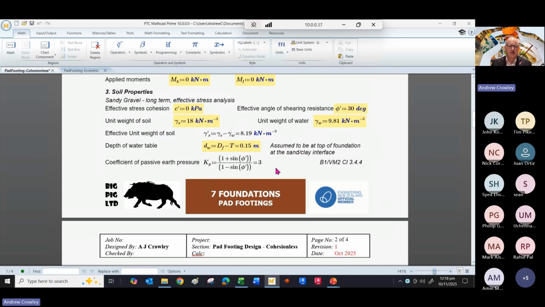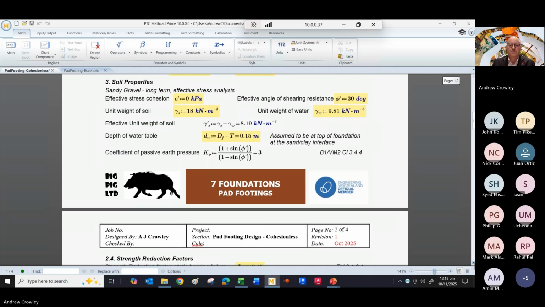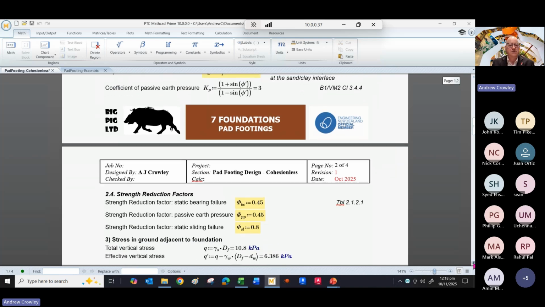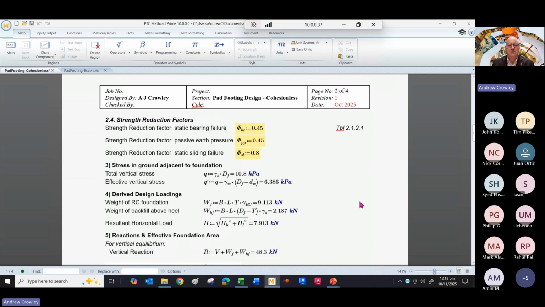We can calculate our passive earth pressure coefficient, Kp, as 3, and that's given in B1 VM2. We can pull out the strength reduction factors for static bearing, passive earth pressure and static sliding failure from the code.